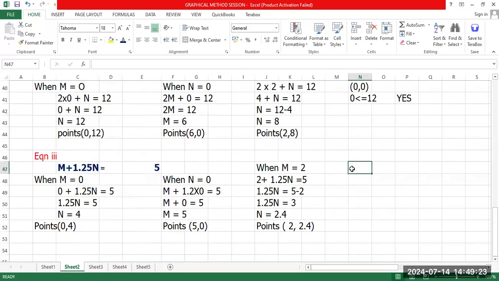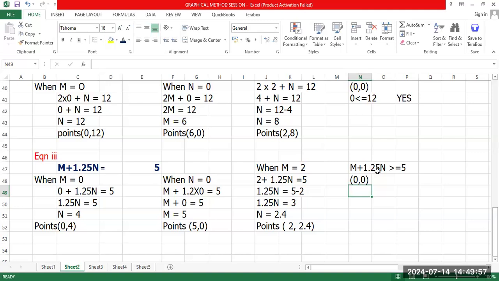The inequality was what? m plus 1.25n. The inequality was greater or was it less? It was greater. Greater than what? 5. So we pick points below the line. Always just pick. Don't waste time picking the hard point. Pick 0 and 0.